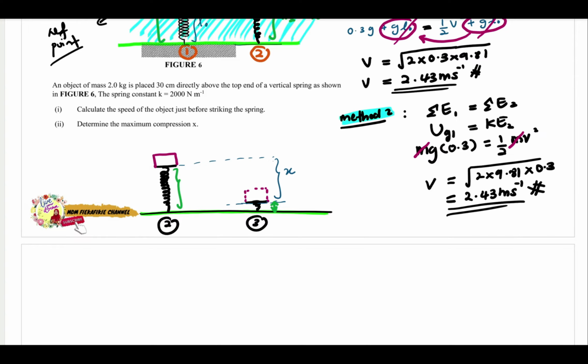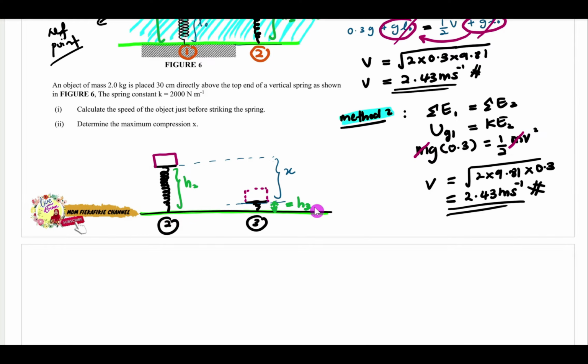H2, which is equal to, H2 ini adalah H3. Maknanya if your ground is on the green line, so spring itu ada ketinggian lagi tu, ada sikit je. H3.